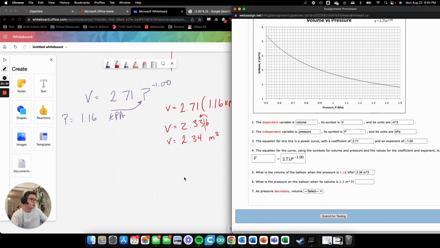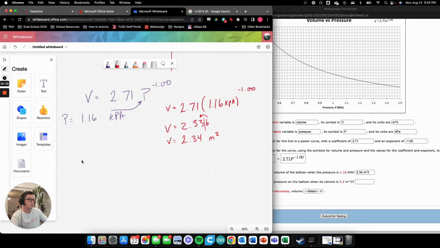Okay, what is the pressure on the balloon when its volume is 2.2? Same equation, except this time our volume is 2.2 meters cubed, so that goes up there.